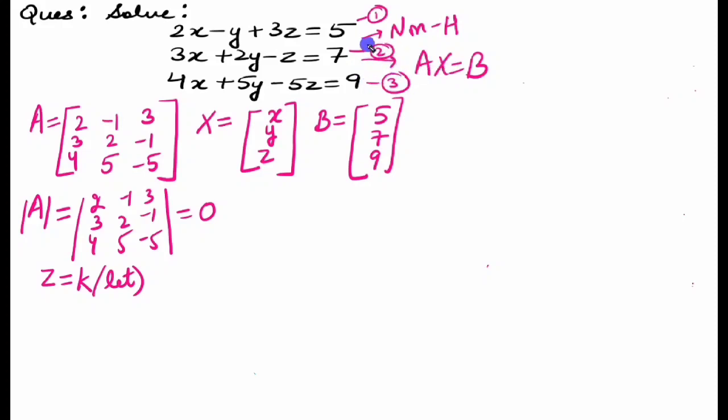So now what we are doing is, यहाँ पर हम z की वैल्यू को फर्स्ट एंड सेकेंड इक्वेशन में पुट करेंगे. तो फर्स्ट एंड सेकेंड इक्वेशन में अगर हम z की वैल्यू को पुट करते हैं, then the first equation will be like this: 2x minus y plus 3k is equal to 5, and the second equation would become 3x plus 2y minus k is equal to 7. तो इस तरह से हमारे पास दो equations आ गई from the equations 1 and 2 by putting the value of z in these. अब इन दोनों equations को हमें solve करना है to find out the values of x and y in terms of k.